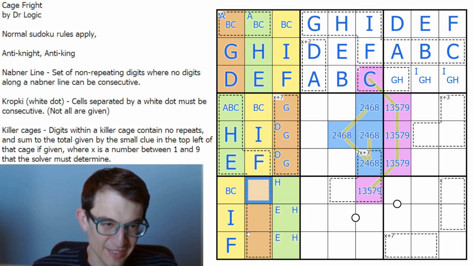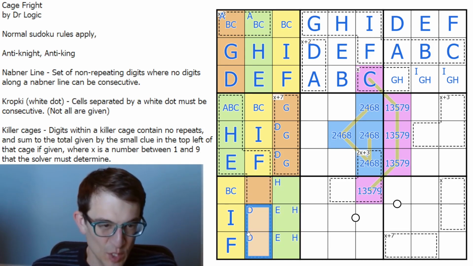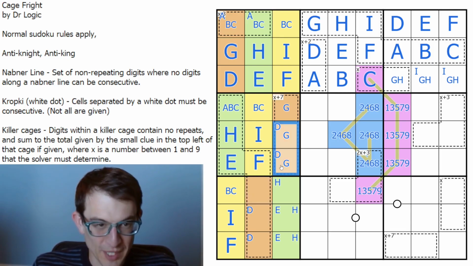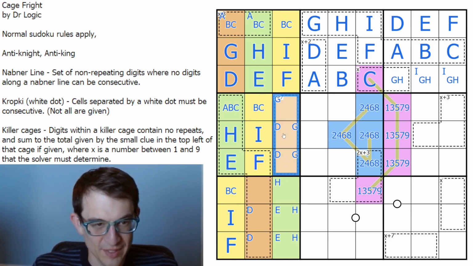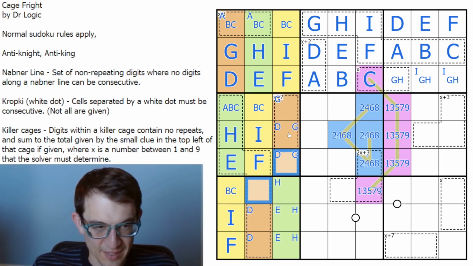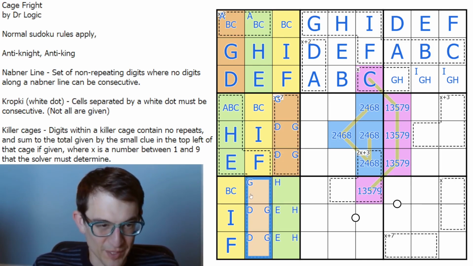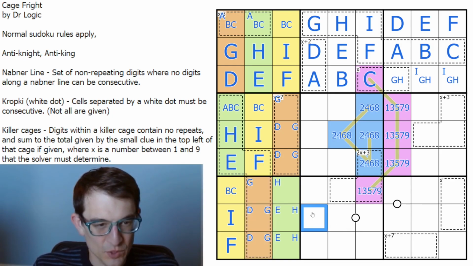And this actually isn't D, because the two possibilities for D are those two cells; this sees this by king, and this sees this by knight, so this can't be D. But any of these could be G, and then any of them could again be A, B, or C. So I think that's the best I can do.